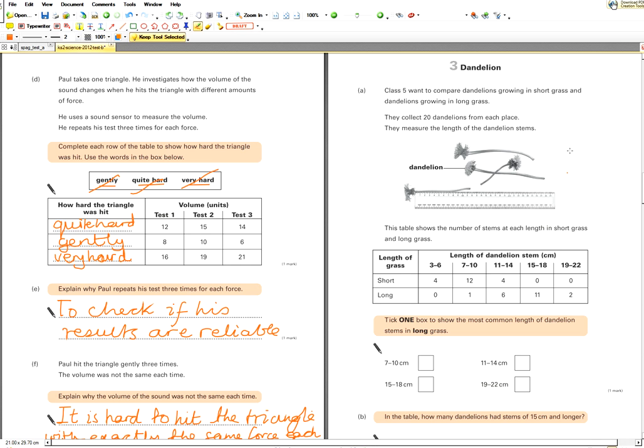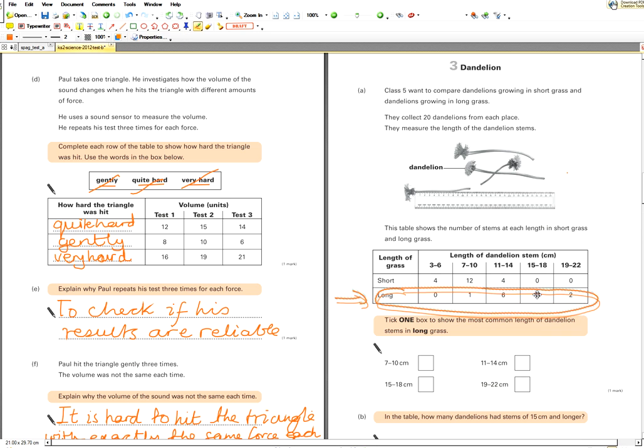Come on, folks. What we're doing here is looking at long grass, and we're looking for the most common length. 3 to 6 centimeters happened 0 times. 7 to 10 centimeters happened once. 11 to 14 centimeters, you had 6 of them. 15 to 18, well done.